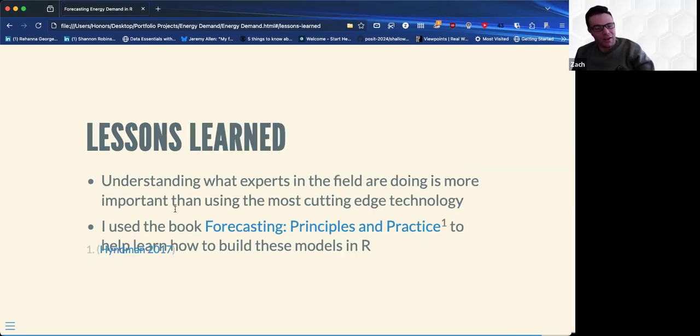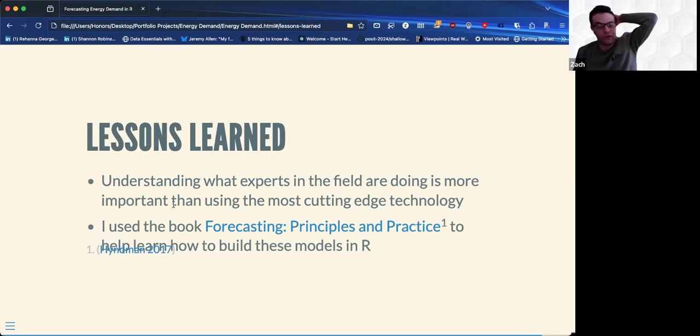And once again, I kind of screwed up the citations here, but getting back to those lessons learned, I think the main lesson is that in trying to forecast these kinds of data, domain expertise is critical. I found personally that it's better to really learn what other people are doing to forecast this data and what's accepted as domain expertise.